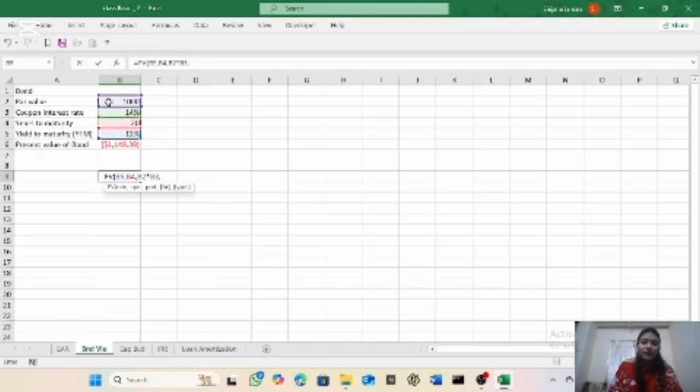Here par value means future value, so selecting future value, comma type would be end of the period, bracket close, enter. Yeah, this is our bond valuation, this is our present value of bond valuation.